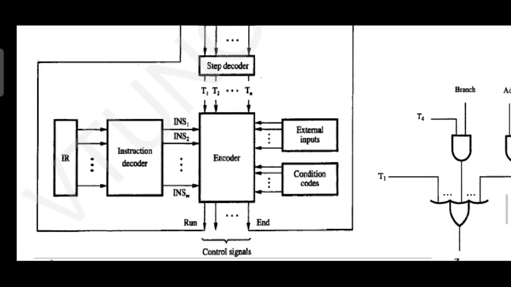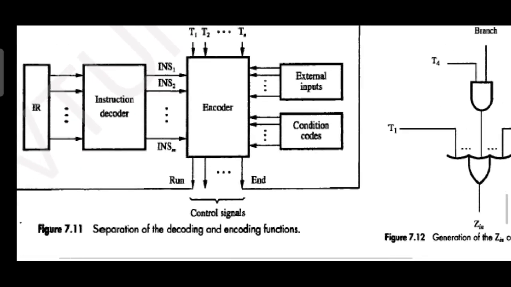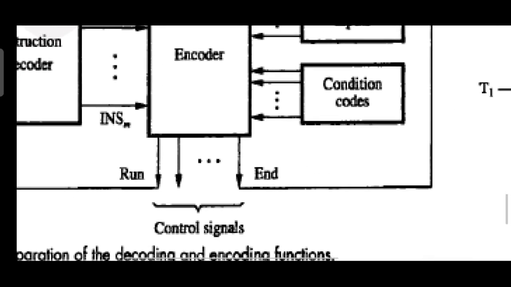And finally, this is the outcome, the control signal. Here at the bottom you can see the control signals, as I told you earlier, R1 in, R3 out, Z in, Z out, select 4 or select Y, whatever the control signal it is, it will be generated in the particular sequence. Okay.